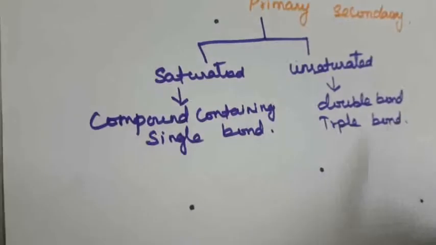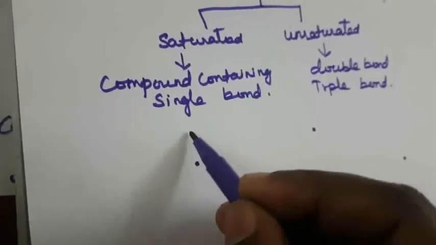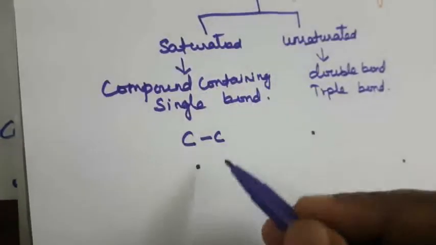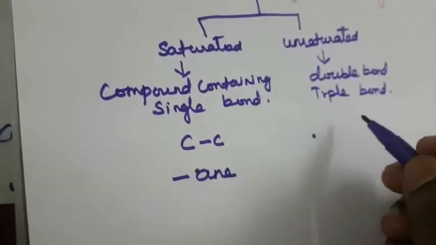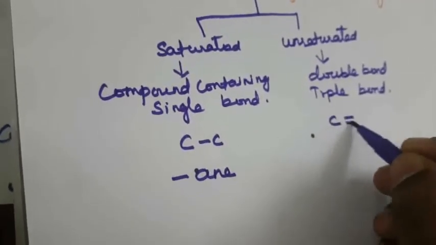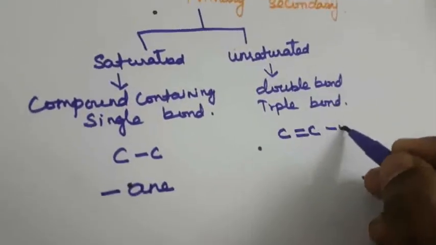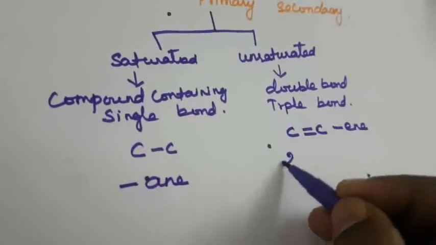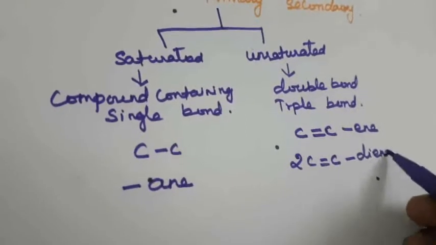So this is saturated or unsaturated. A saturated compound's suffix ends with -ane. A compound containing a double bond has a suffix ending in -ene. Suppose there are two double bonds, that is -diene.